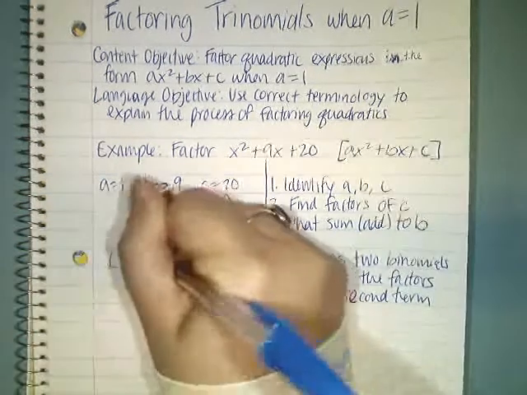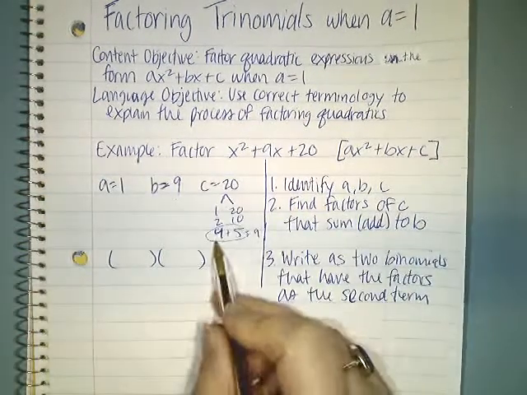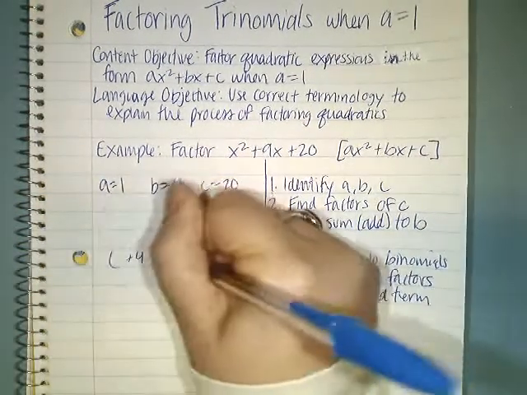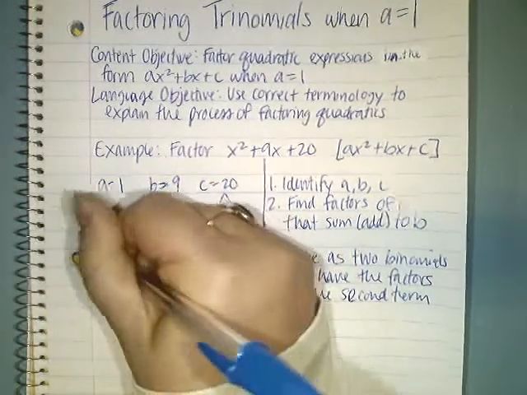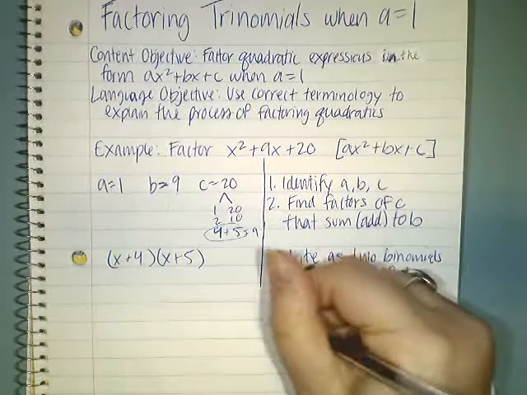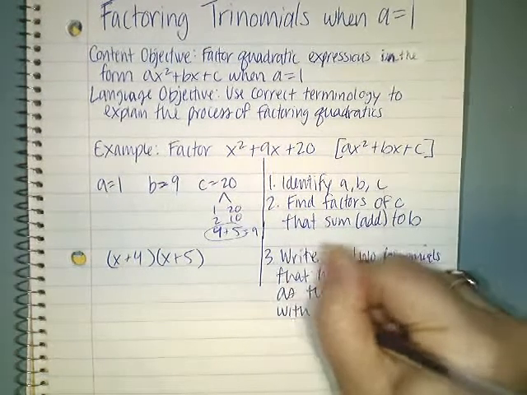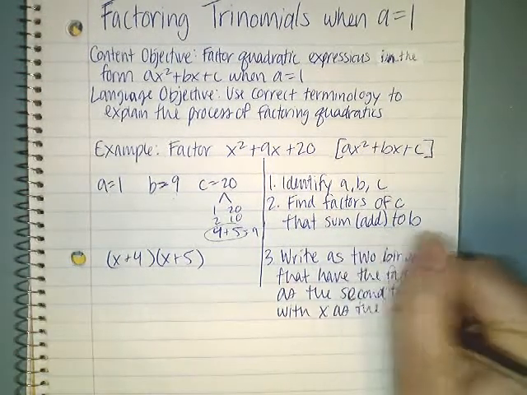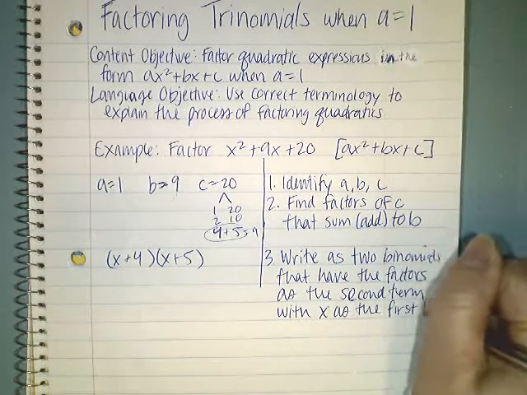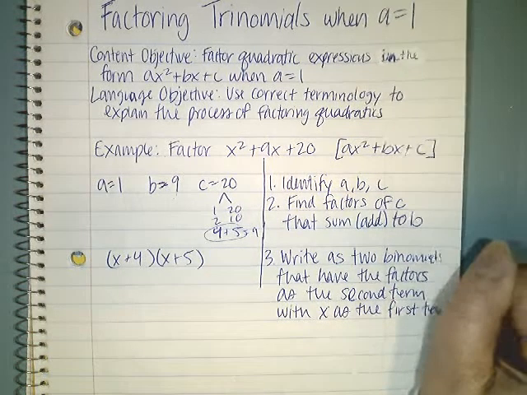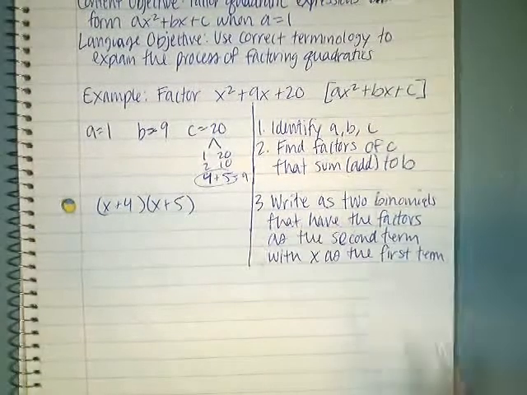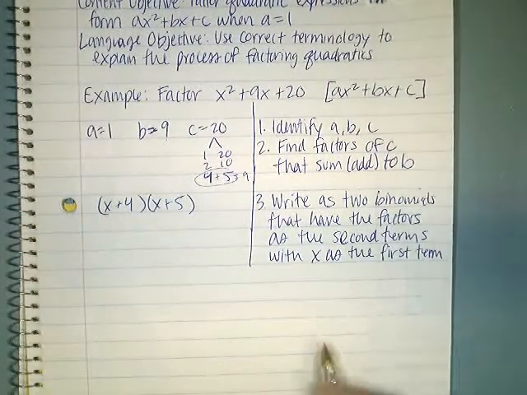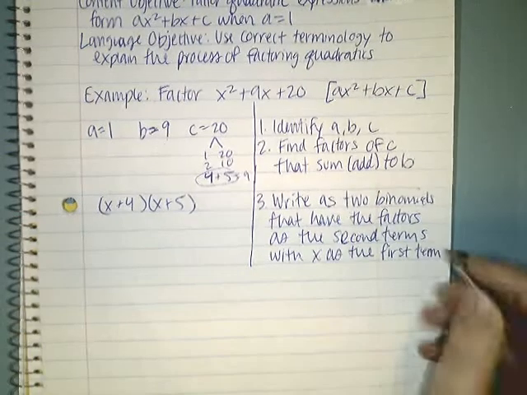So I'm going to start by making my parentheses. Positive 4, positive 5. What's going to go in front is just x, with x as the first term. So I'm going to write two binomials that have the factors as the second terms with x as the first term.